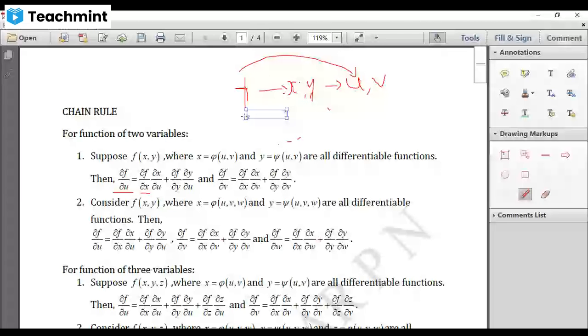The partial derivative of f with respect to x, multiplied by x with respect to u, because your x contains u. So you have to differentiate x partially with respect to u. Why do you have to do it partially? Because x contains two variables, so you have to keep one of them as constant. Why do you have to write partially with respect to x? Because f contains two variables, x and y.